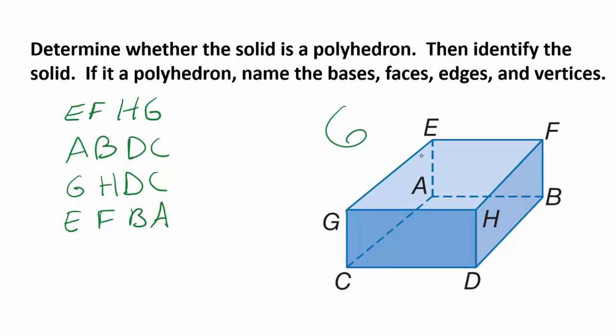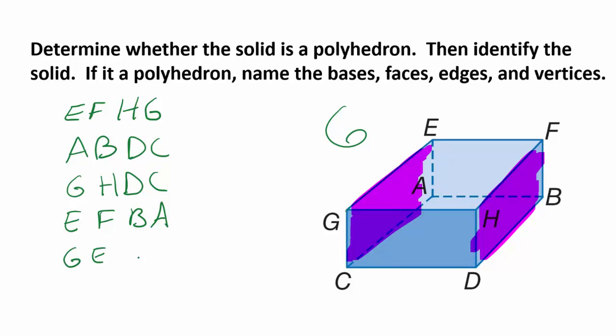The last two faces we're going to have are the ones here on the side. Go ahead and quickly highlight these as well. And now we can name them. Start with the one on the left. We could say G, E, A, C, and then H, F, B, D. Those are going to be our six faces for this rectangular prism.